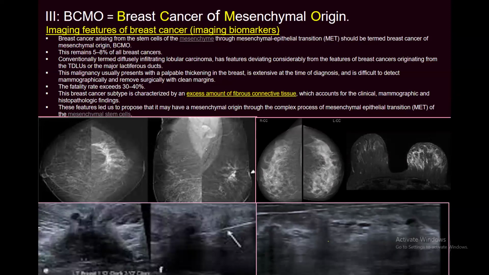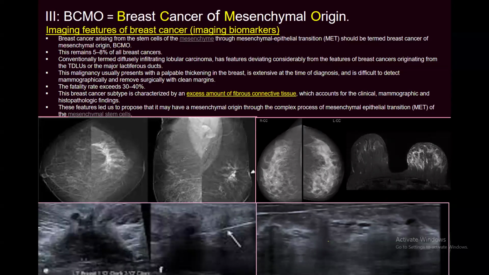They mentioned that this corresponds to diffusely infiltrating lobular carcinoma. It has features deviating considerably from those of breast cancer originating from the terminal duct lobular unit. It has mesenchymal features because it is associated with a lot of fibrotic changes.